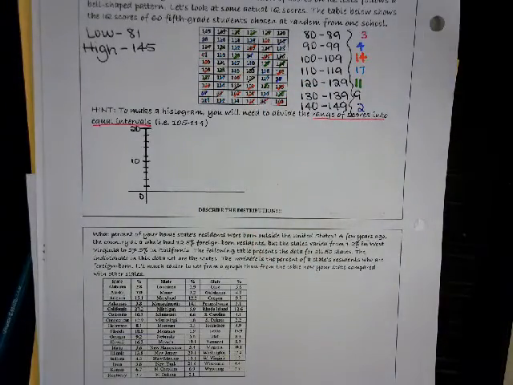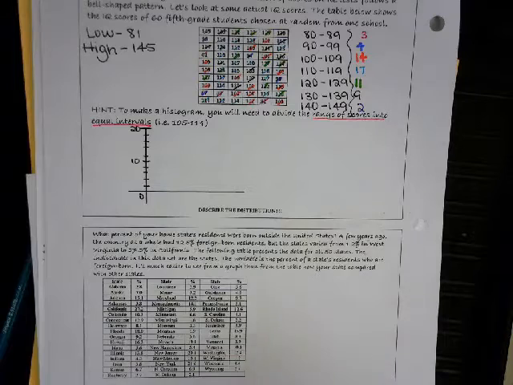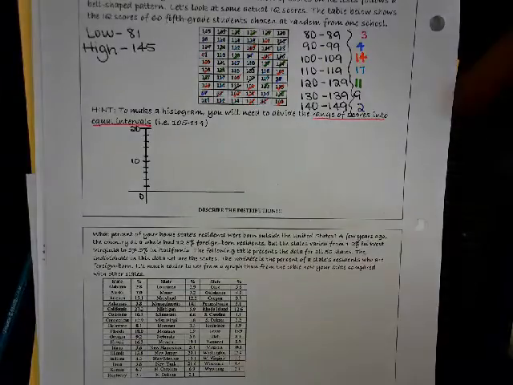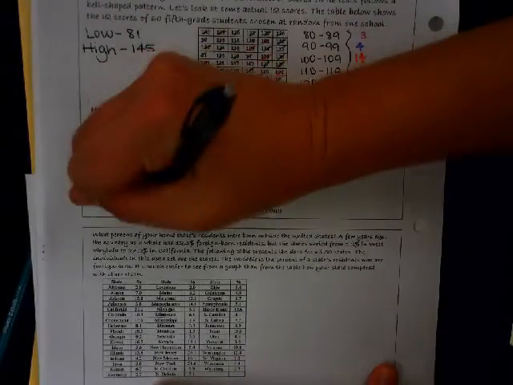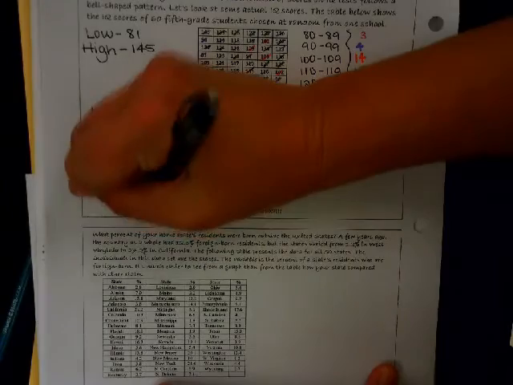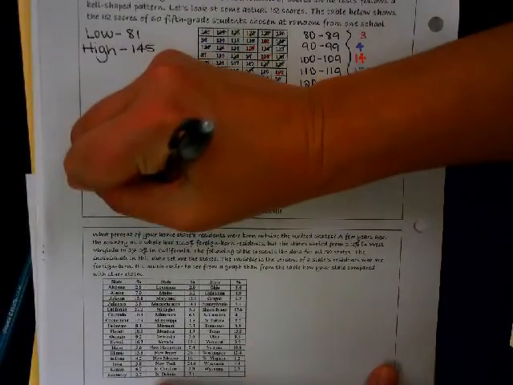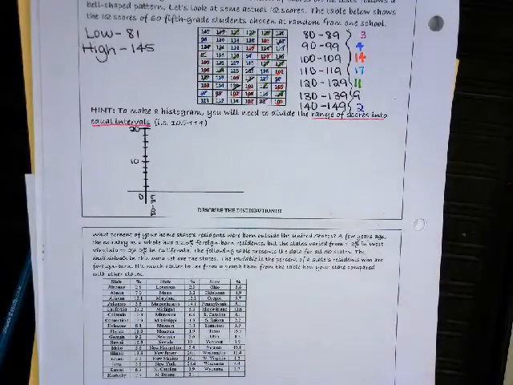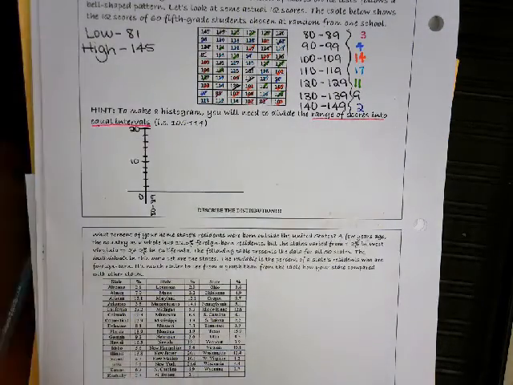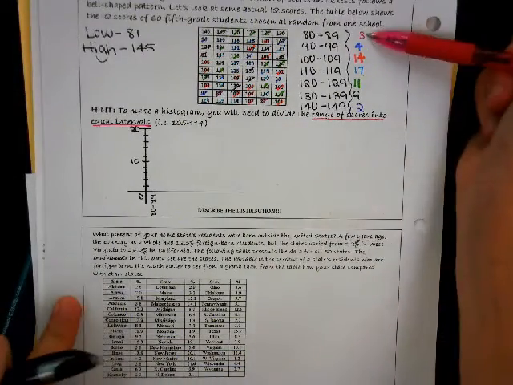If I don't write them sideways, they're going to run into each other and make a mess. So my first bar is going to be 80 to 89. And I had 3 pieces of data in that range.